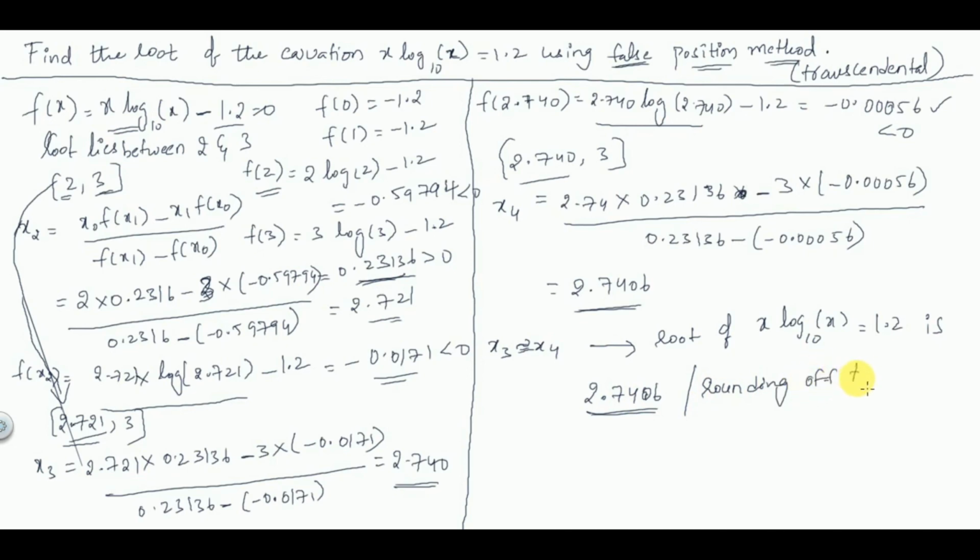If they ask you to round up to two decimal values, the root is 2.74. Whatever is asked, you can write the answer accordingly. This is how we can solve a question regarding the false position method.